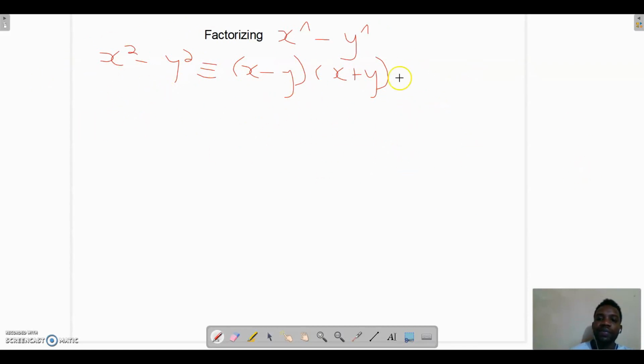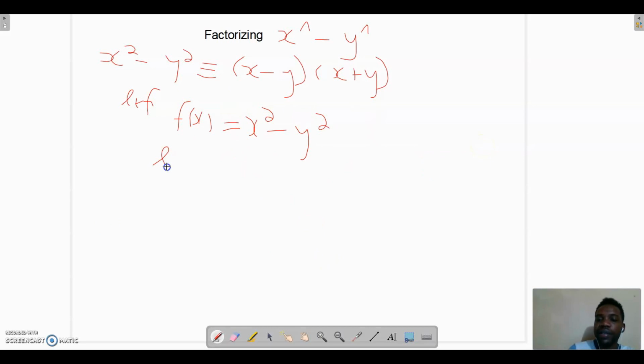And we can actually prove that this is true by applying long division. So if we let f of x equal x squared minus y squared, we can also do this by trial and error. We want to let x be something that when I plug it in, I would end up with 0. So we're applying the factor theorem and trial and error. Now clearly we can see what we can let x be.